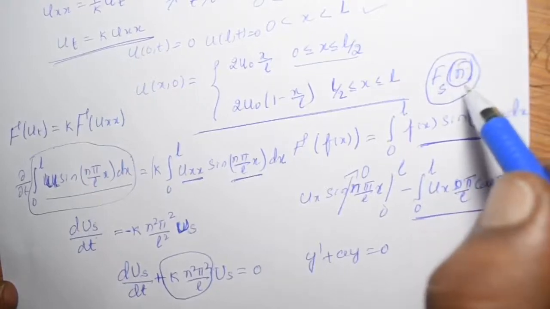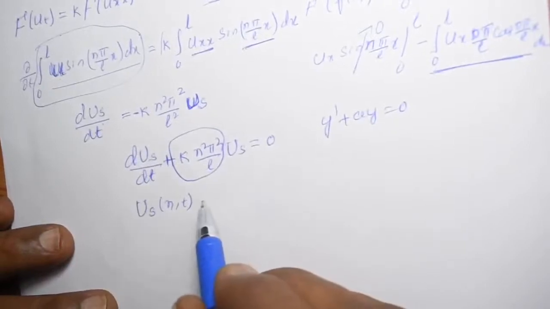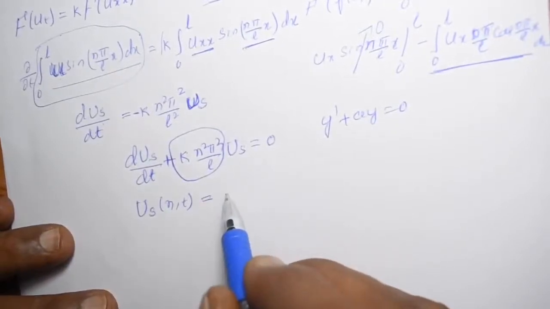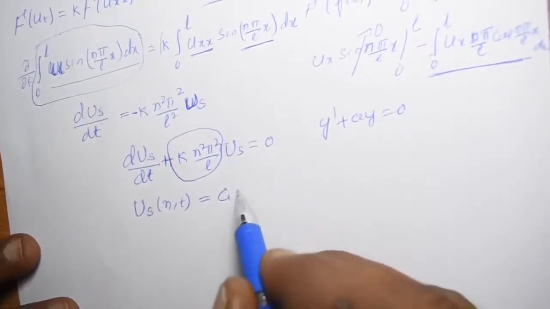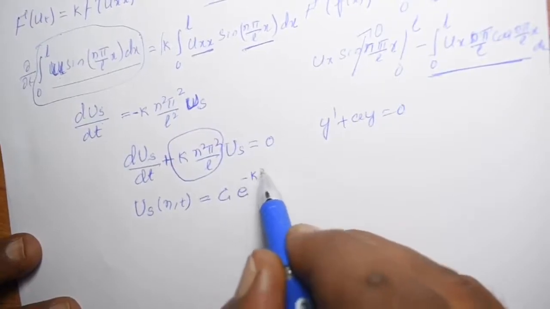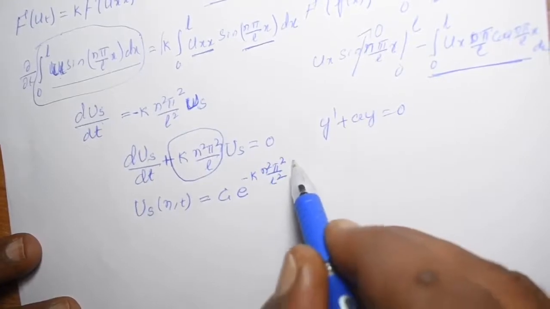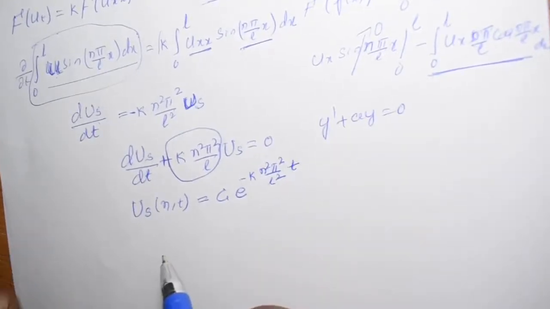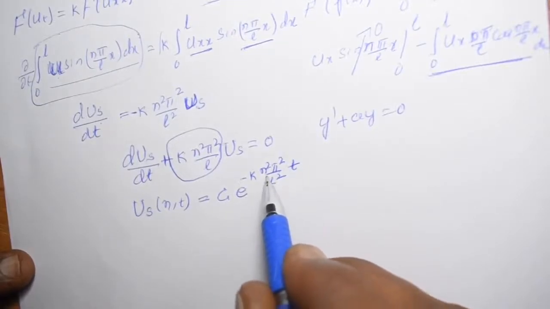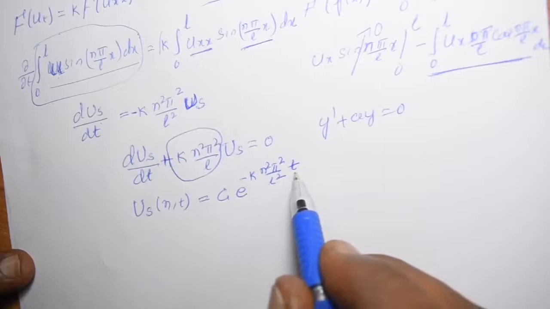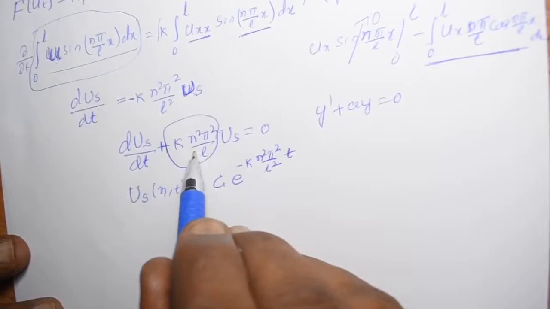So now this equation becomes equal to some constant into e power minus k n²π²/L² into t. That will become the solution for this first order differential equation.